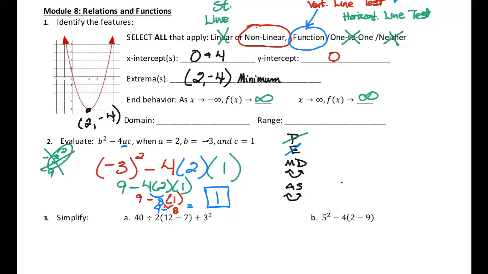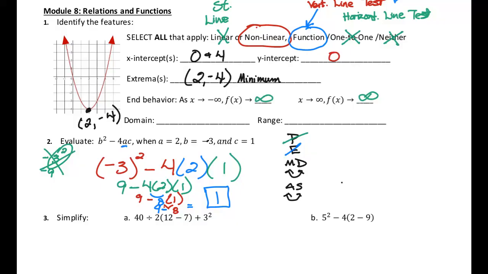So right here, as x is approaching negative infinity, as I get closer and closer, my function, as you look, going this way, is going up.